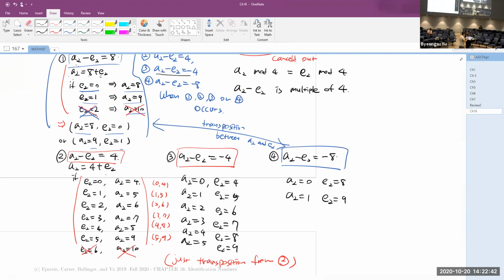So all possible cases when the check digit doesn't catch the error is 8 times 2, 16 cases, right?